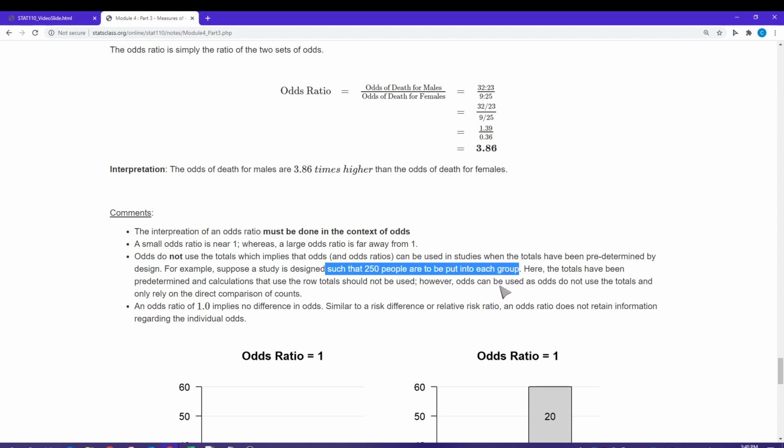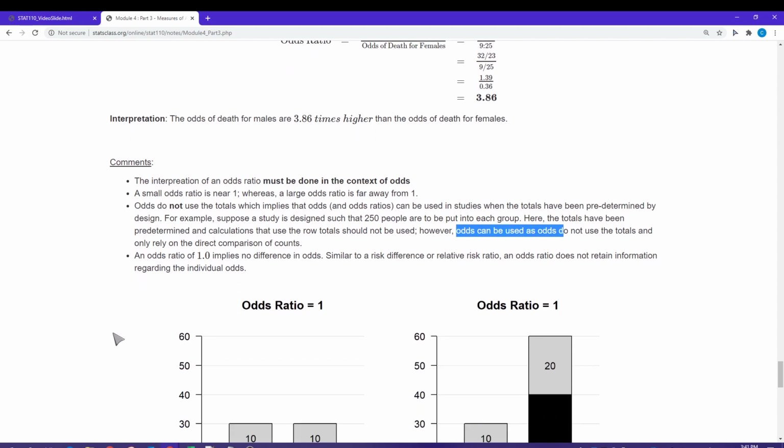Here the totals have been predetermined, and the calculations that use the row totals should not be used. We can't set those totals and then use those in calculations. But you can do odds ratios. So in studies where you have predetermined the number of people in each group, it's much more common to use odds ratios to make comparisons.